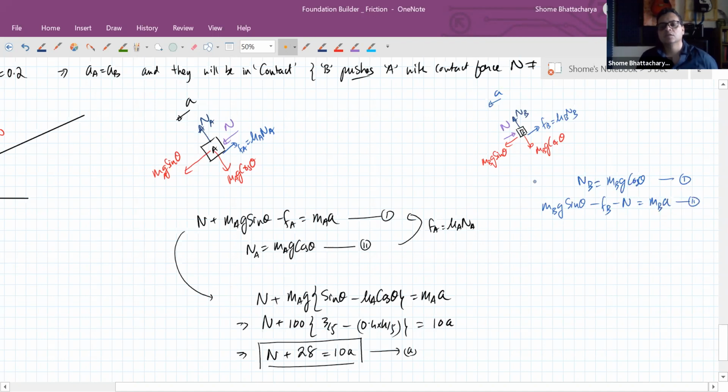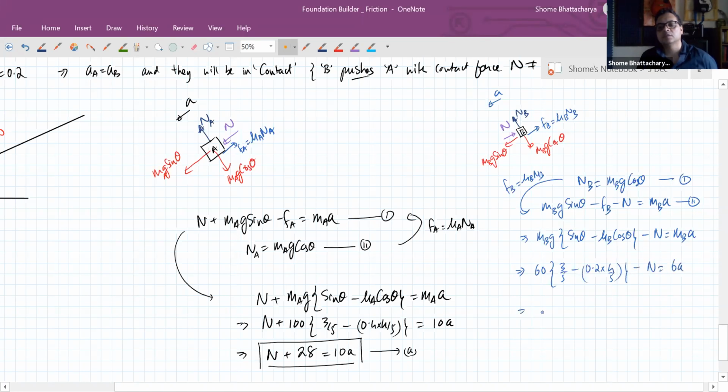That's acceleration. Okay. So once again, substitute this here with the value. Okay, so this becomes this. Okay, so this time when you substitute, this is 60 into 3 by 5 minus 0.2 into 4 by 5 minus N is equal to 6a.